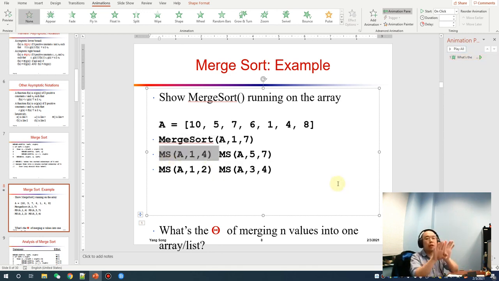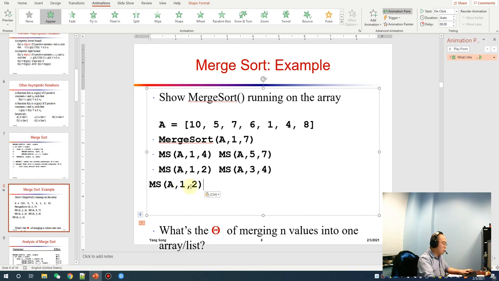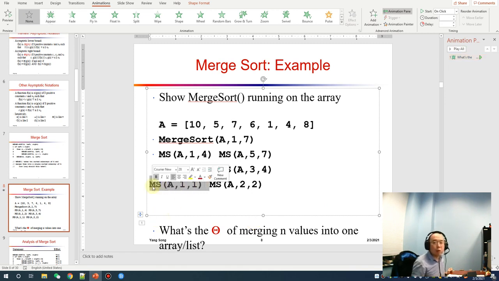So if we continue doing the split, say I want to do another split for this one, and then I will have merge sort 1, 1 and merge sort 2, 2. So after I have gone that far, what am I doing here? Merge sort A 1, 1. What is that? I'm just merge sorting this value, right?